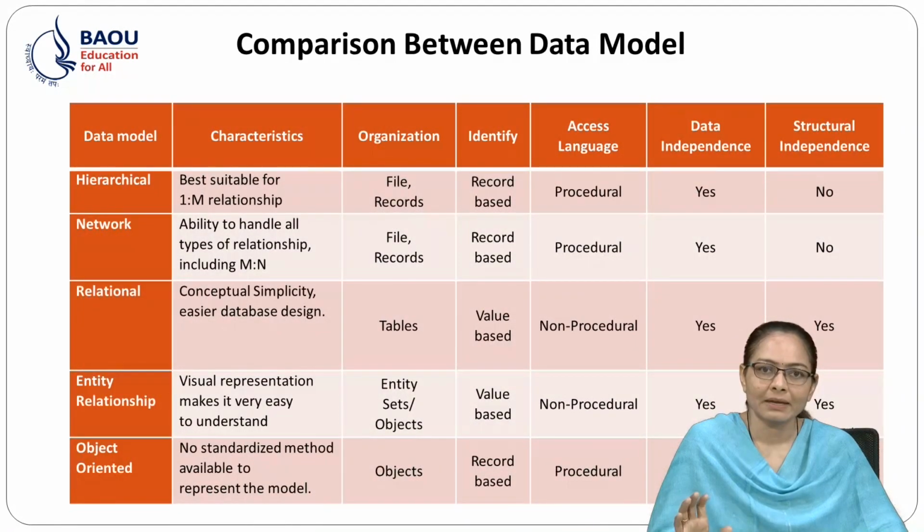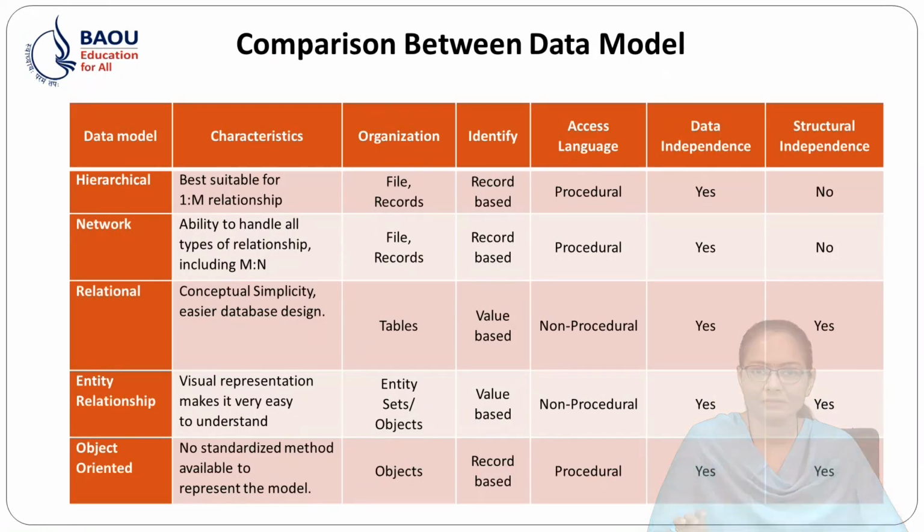Here is a comparison between different data models based on some specialized characteristics and some merits and demerits of all the models. This table shows the comparison of all the models. Here we can see the characteristics: organization, identity, access language, data independence and structural independence.